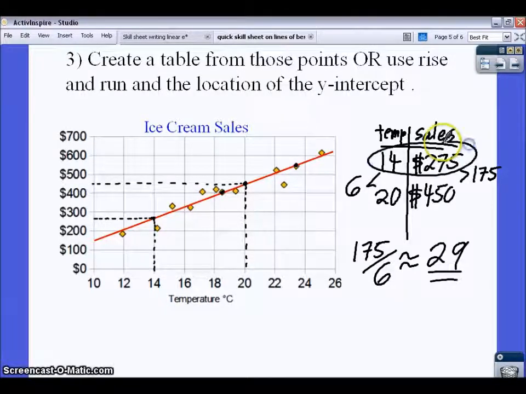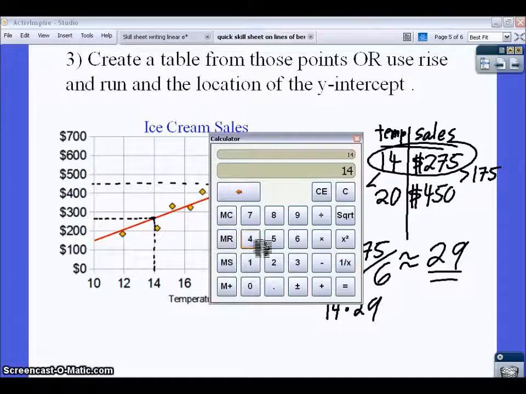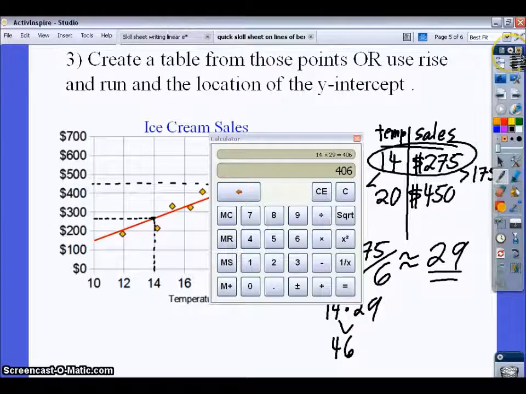Okay? Now I'm going to use the slope to find the y-intercept. I'll go ahead and take this pair here and do 14 times 29, and that's going to give me 406. And I'm trying to get to 275.